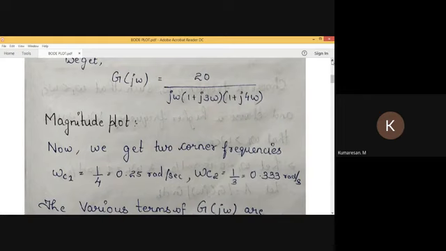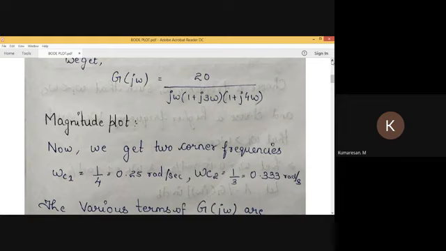There is no S term in the numerator, so we simply leave it. But the denominator has 3 S terms: J omega, then 1 plus 3 J omega is the second term, and 1 plus 4 J omega is the third term.